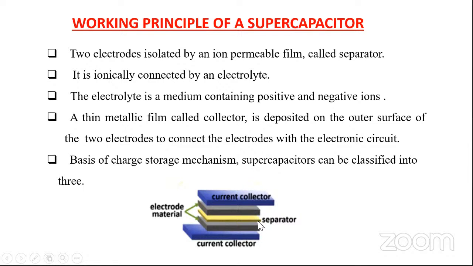The separator is internally connected by the electrolytes, in which we immerse it. The electrolyte is a medium containing positive and negative ions, and both electrodes are connected with a metallic current collector, which is connected by an external circuit, so we can measure the current.